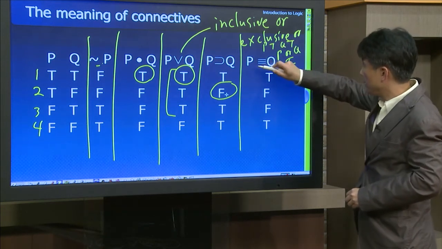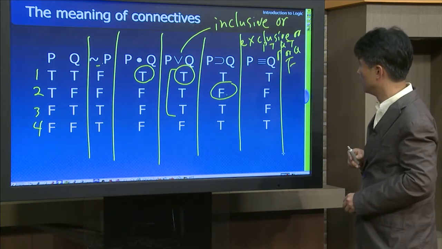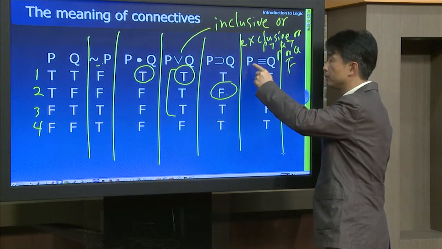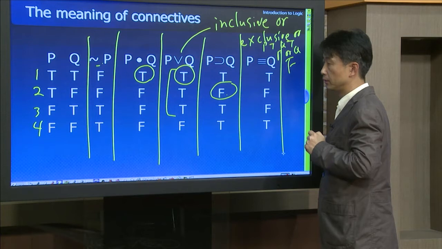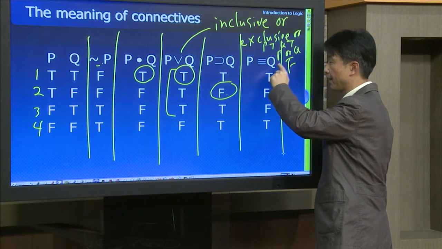Finally, P triple bar Q, P if and only if Q, is true when both of them have the same truth values, such as TT or FF.